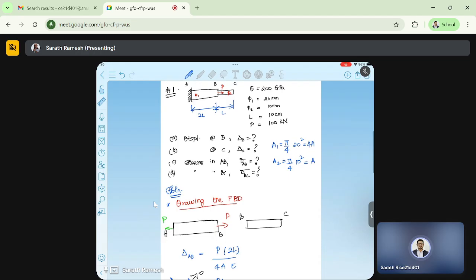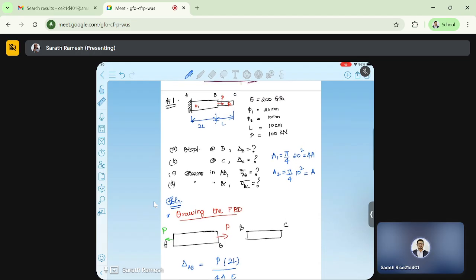Why am I taking Newton per mm square? Because in stresses we mostly deal with megapascals. And the E value we also convert to megapascals, which is 10 power 6 Newton per meter square, or Newton per mm square. Both are the same.